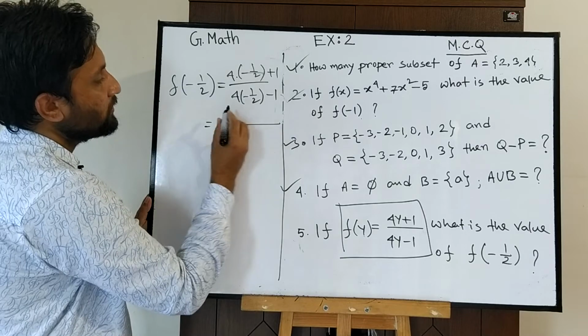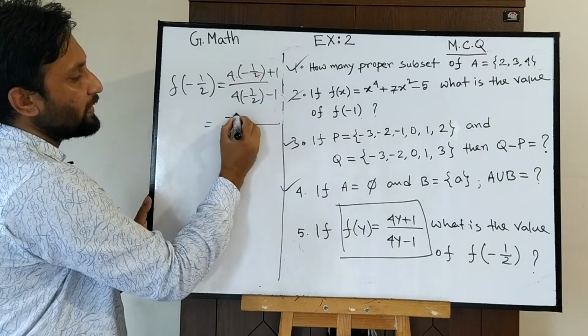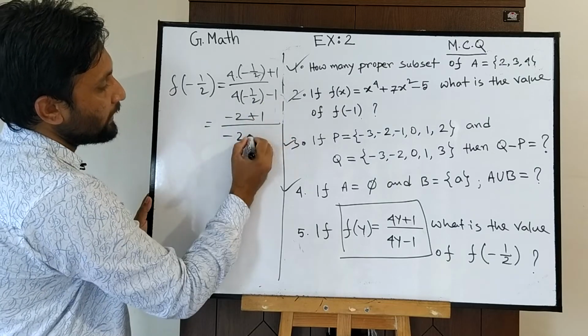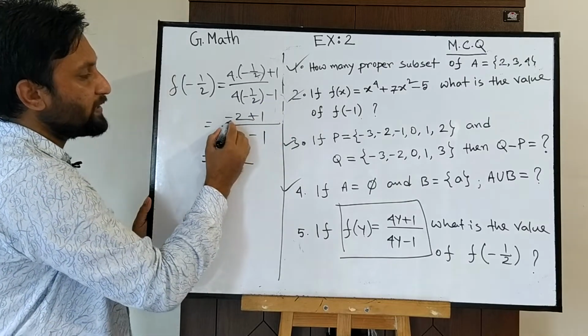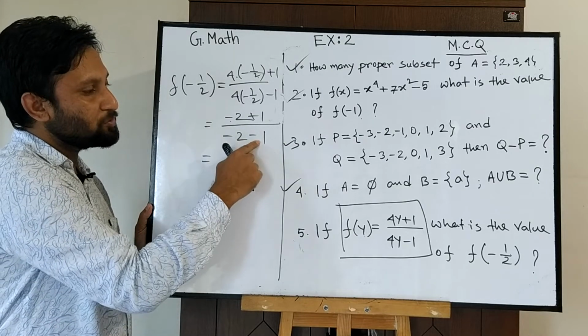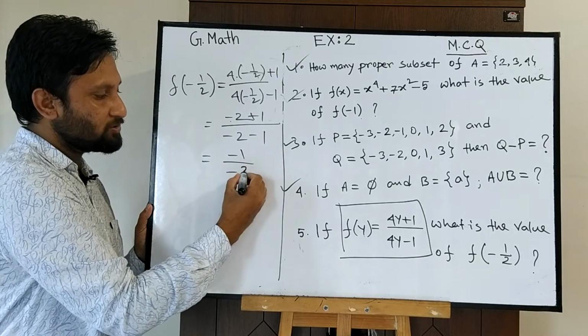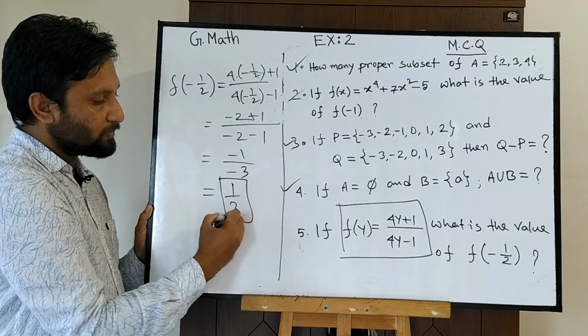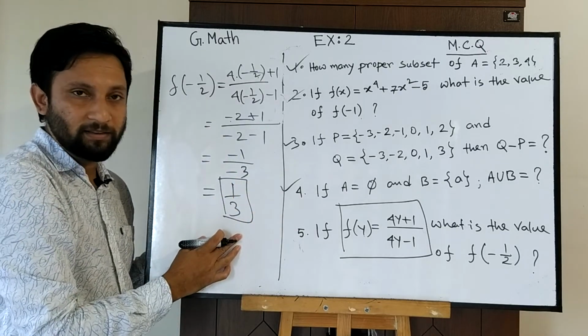So 4 into minus half is minus 2, plus 1, and minus 2 minus 1. Minus 2 plus 1 is minus 1, and minus 2 minus 1 is minus 3. So minus 1 over minus 3 is 1/3. So the answer of f of minus half is 1/3.